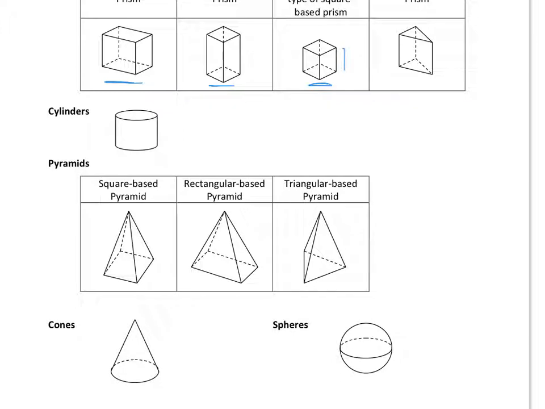And we've got pyramids that have a square base, pyramids with a rectangular base, a pyramid with a triangular base, and a cone is like a type of pyramid where the base is a circle and everything goes up to a central point. And then the last 3D figure that we'll look at is a sphere, which is like a ball.